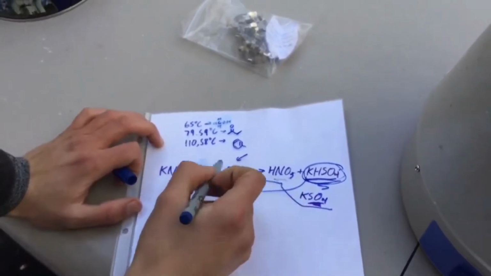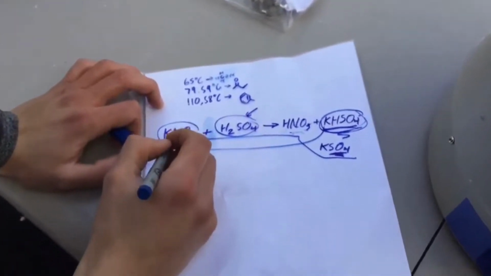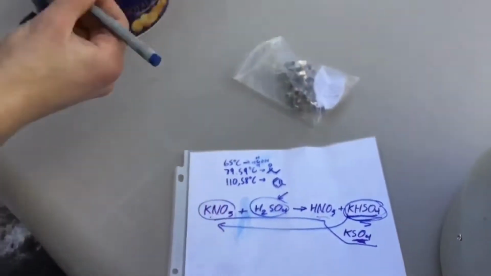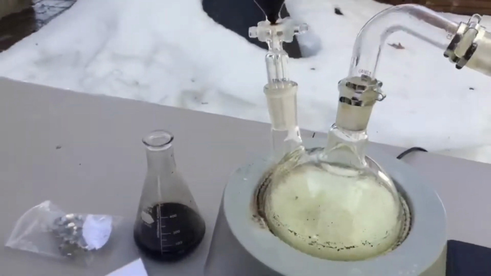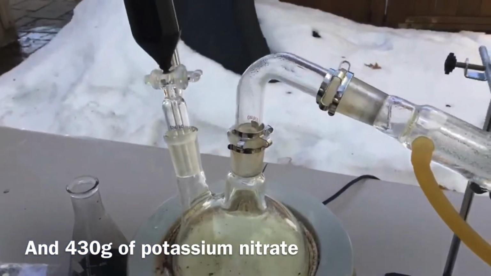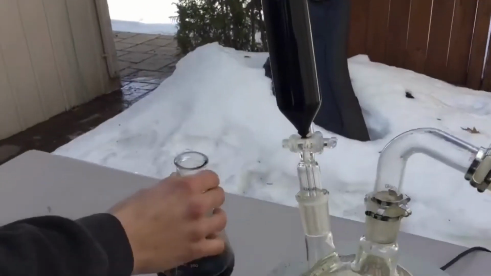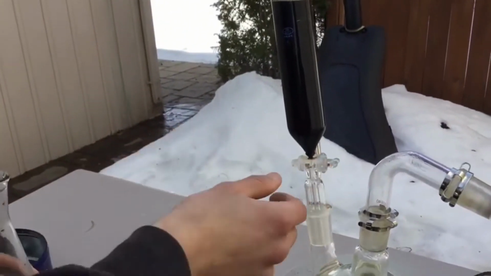I make sure all the sulfuric acid is used and all the potassium nitrate is used at the same time. I measured out 450 grams of sulfuric acid, which is probably a little bit overkill, but I make sure that it's overkill so I have enough sulfuric acid to react with all the potassium nitrate.